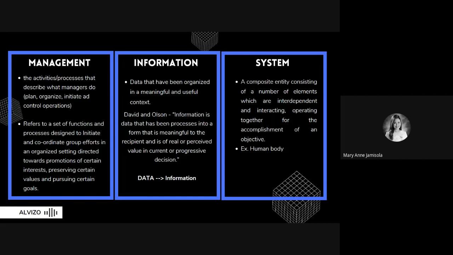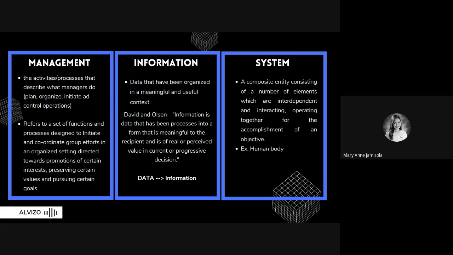Next, and the last element of our MIS, is what we call system. A system may be defined as a composite entity consisting of a number of elements which are interdependent and interacting, operating together for the accomplishment of an objective.